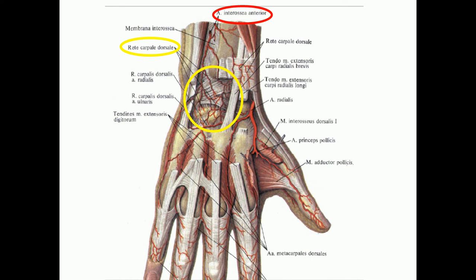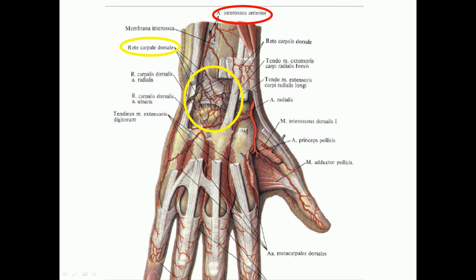So, rete carpi dorsale is formed by arteria interossea anterior. You can ask me, why anterior? We are on the dorsal surface. But can you see these small foramina?